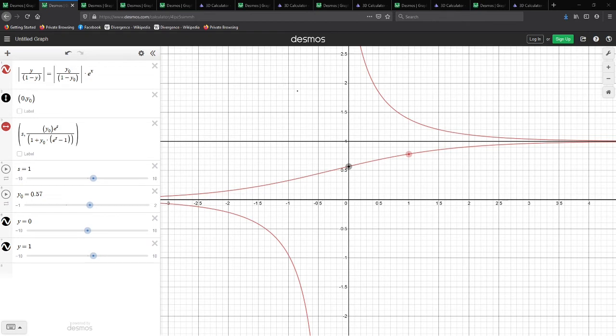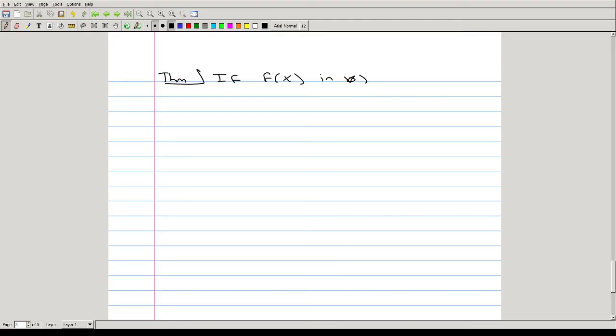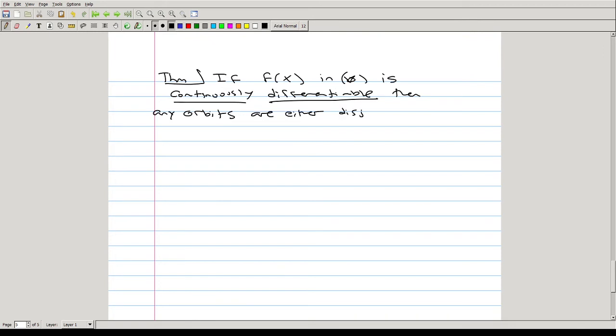If the function on the right hand side of the differential equation, or f of x in star, is continuously differentiable, then any orbits are either disjoint sets or identical.